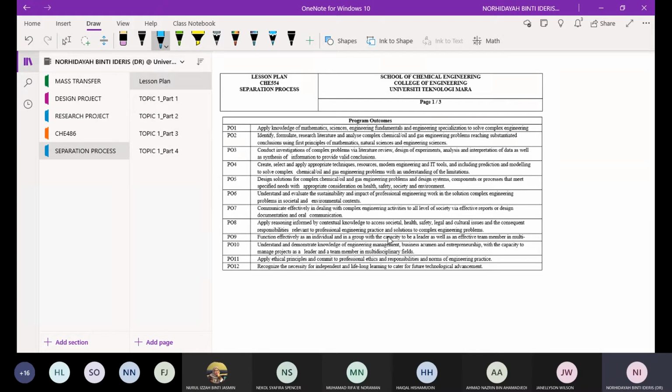So hopefully nanti you are quite lucky, because your part 1 you have full face-to-face program, and then part 2, 3, 4 yang start ODL, and hopefully bila kamu dah masuk part 5, 6, 7, 8 nanti, the things will get to normal hopefully. Okay, so you know there is some kind of like changes. Okay, kamu pun boleh nampak perbezaan berlaku dari segi our landscape, okay, the education landscape.